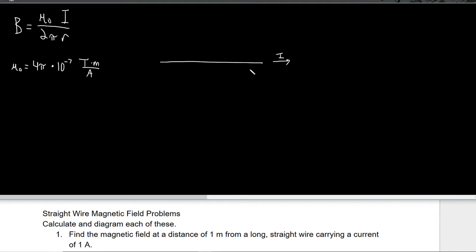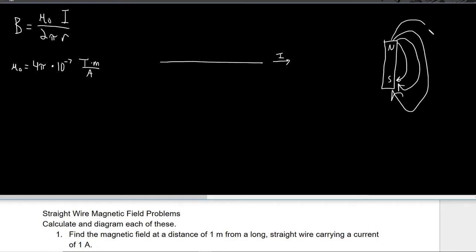But I know from a bar magnet that magnetic field lines go from north to south. All magnetic field lines are going to follow the same thing. They're going to go from north to south. There's a direction to them.